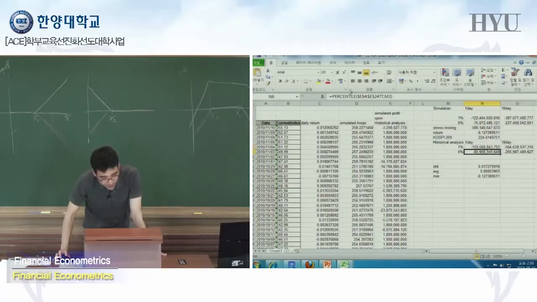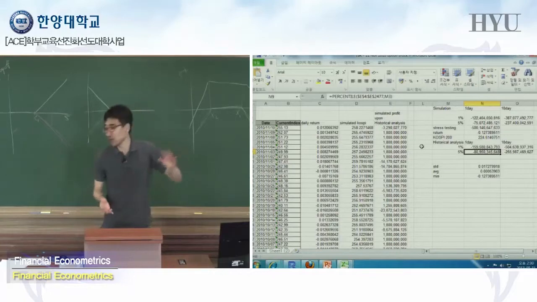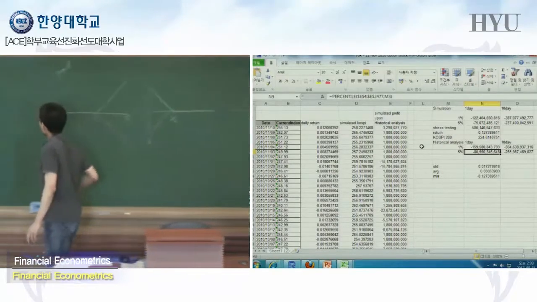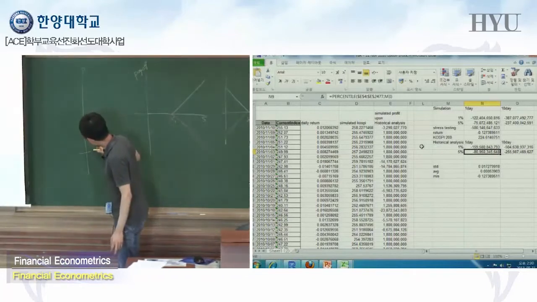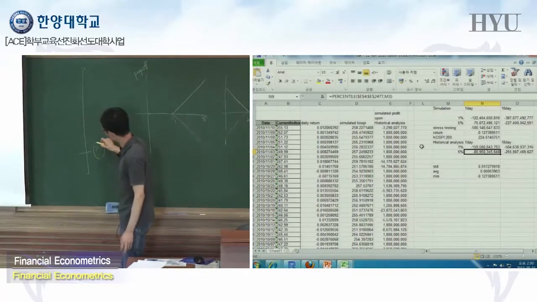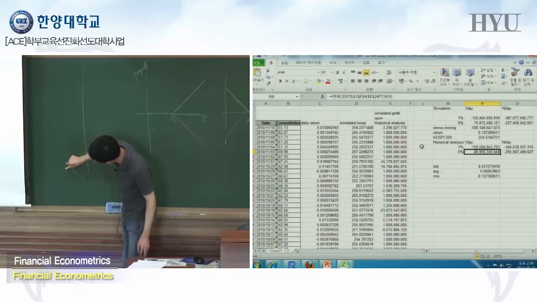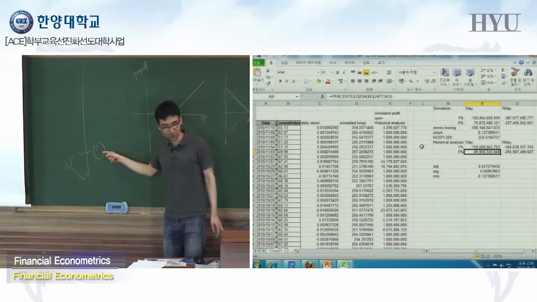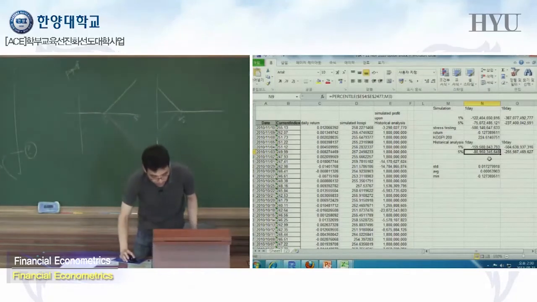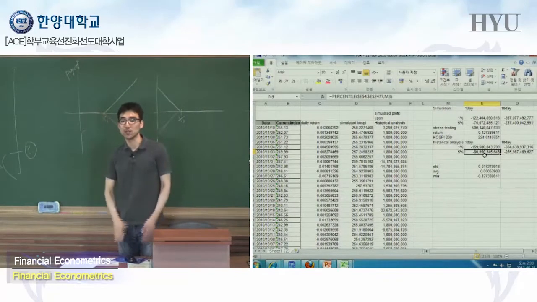And 5% is also easy, right? Again, we can apply exactly the percentile function, and in this range, I want to find the value such that this is 5%. I don't even have to sort it. This is around $81 billion.